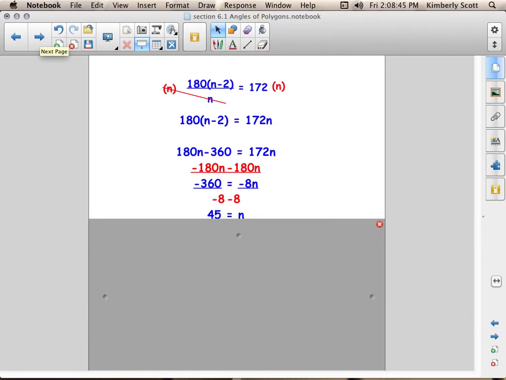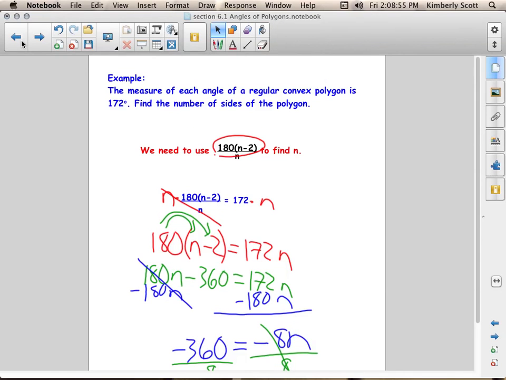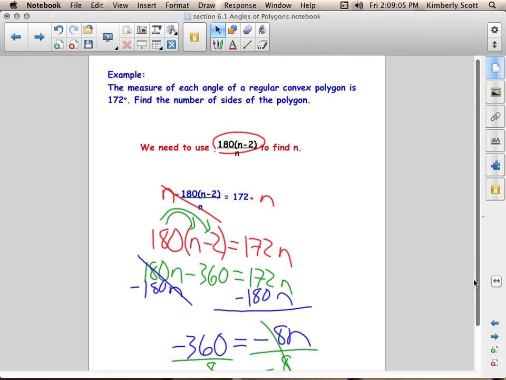Okay, minus 180. 360 divided by... No, n is 45. Right. Clearly, that's what I did. Okay, going back to this page here. I apologize for that, everybody. Even I'm not perfect.